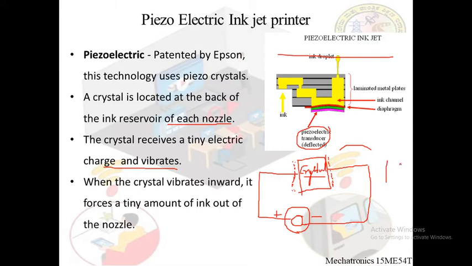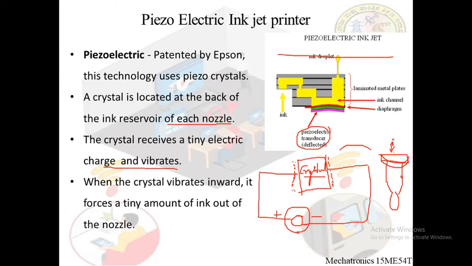For example, if we consider this to be the diaphragm attached to a piezoelectric crystal and we have the nozzle here, when this vibrates, the diaphragm attached to it starts pushing the fluid out. So therefore a droplet of fluid comes out, a droplet of the ink comes out.